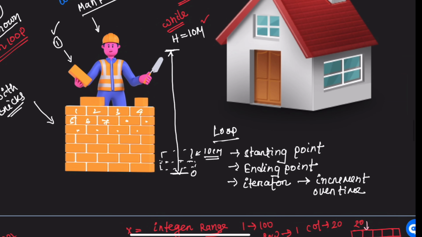Next, we saw the possible components you will find in a loop: a starting point, an ending point, and an increment over time.